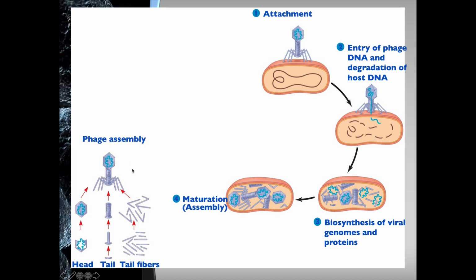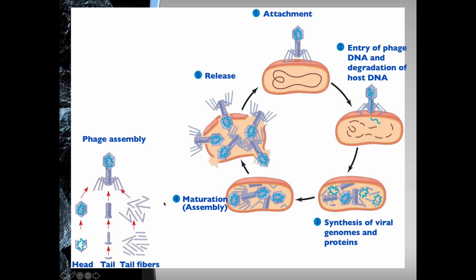Here you can see the phage assembly from head, tail, and tail fibers and how it's put together into a complete viral particle. Step number 5, when the cell can hold no more viral particles, it will then burst, releasing hundreds and thousands of new viral particles.